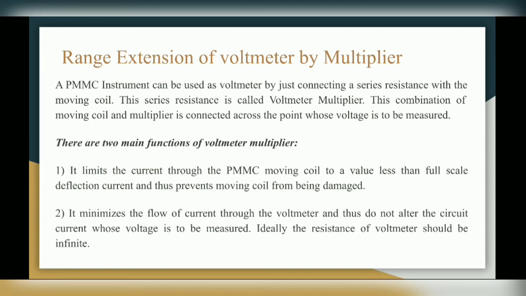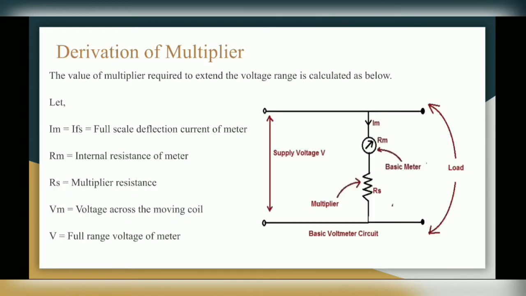Ideally, the resistance of voltmeter should be infinite. So the second function is to extend the range, and the first function is to limit the current.